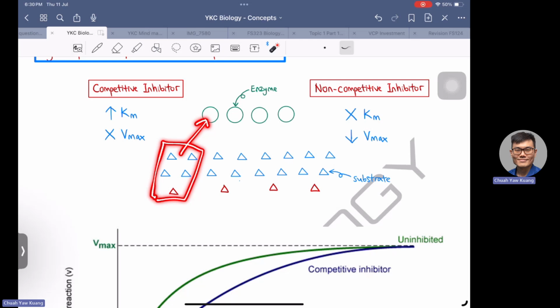Then this enzyme will now only have an 80% chance to bind with the substrate. There is a 20% chance that it is going to bind with the competitive inhibitor. Because of this, the substrate is less likely to bind to the enzyme, and thus the Km increases.